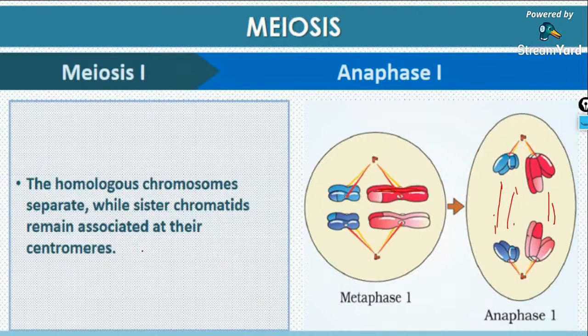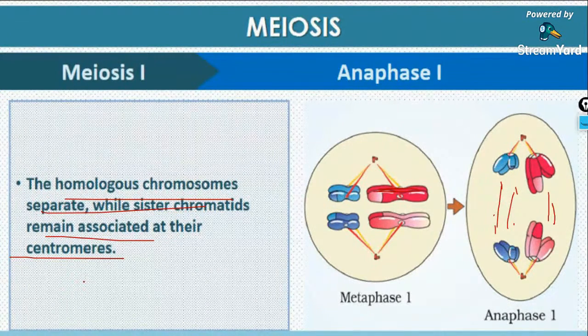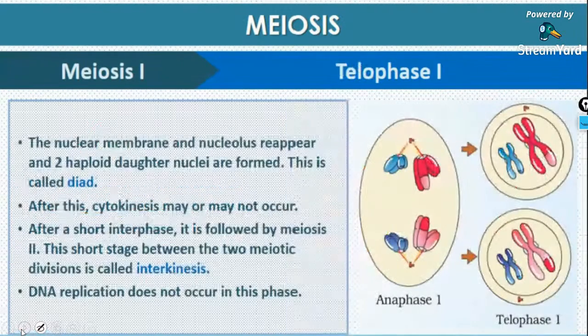The homologous chromosomes separate while sister chromatids remain attached at the centromere. This is the shortest phase of meiosis 1, and Mendel's law of segregation is clearly seen in this stage of anaphase.